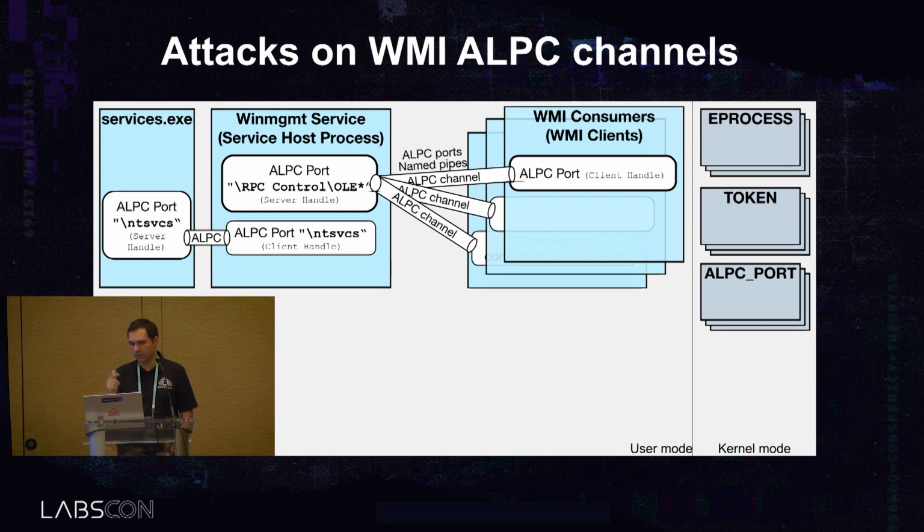Once such a request comes in, services.exe allows the connection, and then the WMI service receives a handle to the client communication port, and services.exe receives a handle to the server communication port. And thus, the communication channel between services.exe, the server side, and the WMI service, the client side, is established.